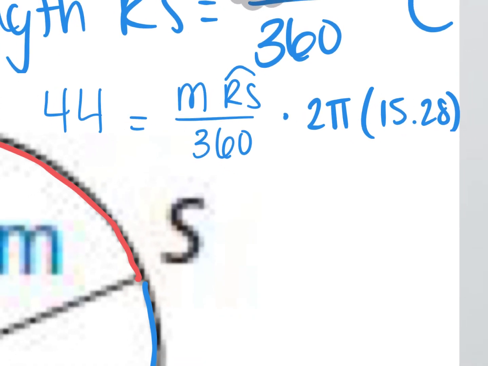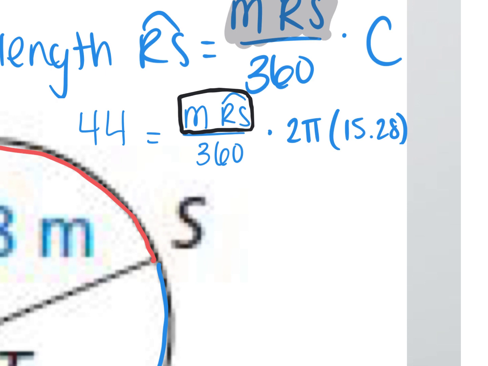Now, guys, I'm confident that a lot of us can get to this stage. But what I'm starting to think is that a lot of us are going to struggle with solving for that variable, the measure of RS, and specifically using these values in our calculator. So what I want us to think about is you're going to have to divide and multiply. This value, the measure of RS, is our variable that we're solving for. What can I do so that I can isolate it?